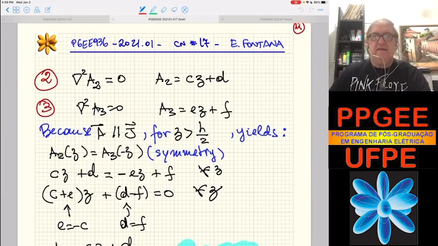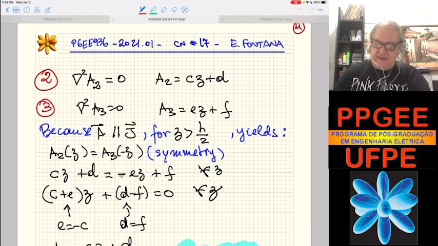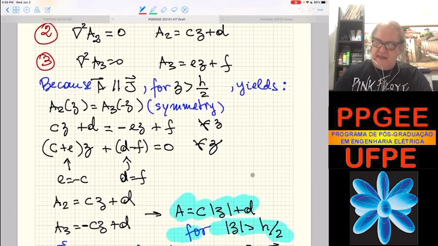A2 of Z equals A3 calculated at minus Z, symmetry. So if you apply that condition, A2 is cZ plus D, and A3 at minus Z is eZ plus F. Rearranging, we have a linear equation for any Z: (C plus E) times Z equals (D minus F), times one equals 0.